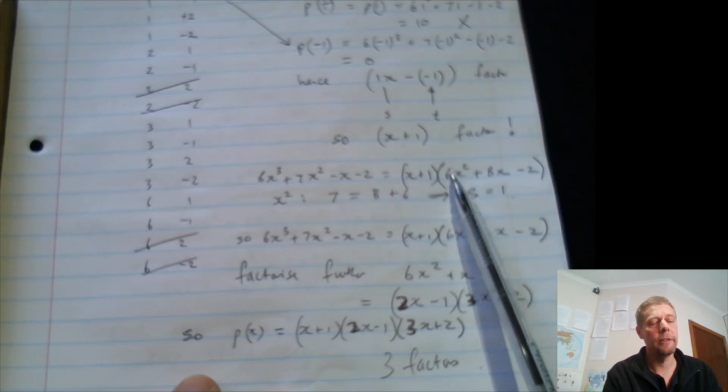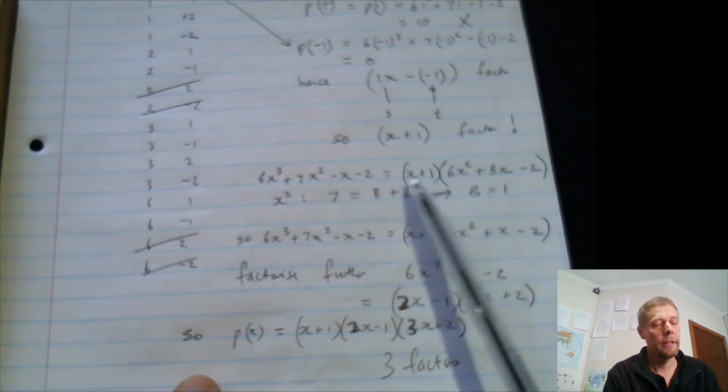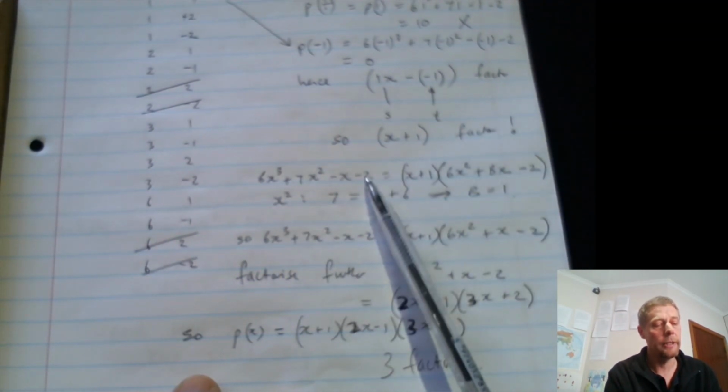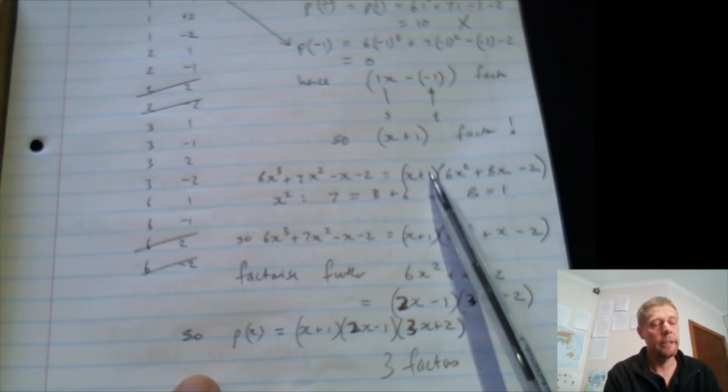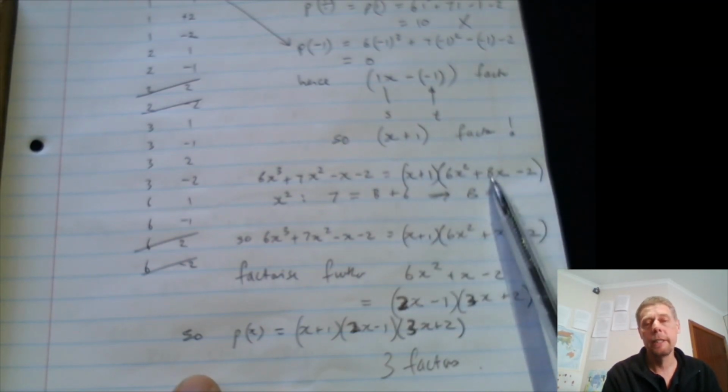So immediately I know that a is 6, because you can see there I'm getting my 6. Similarly, I can find my c term because it's minus 2, and I know that this is 1, so 1 times c gives you minus 2. So I can quickly write that in, and I don't need to waste a line doing that. But b, I don't know what b is, so I've just kept it as b.